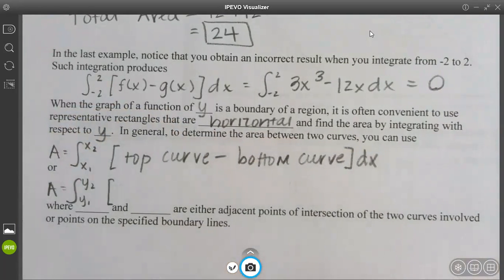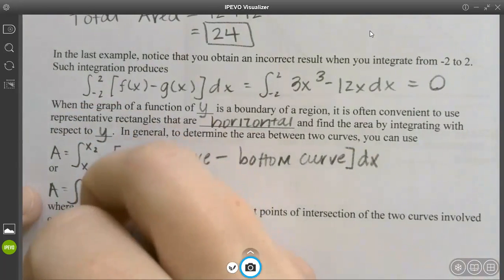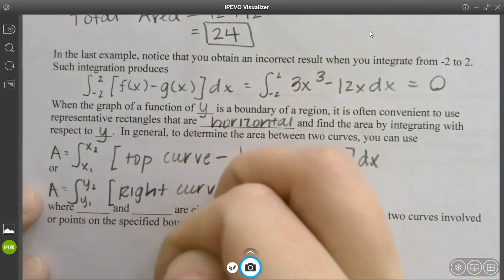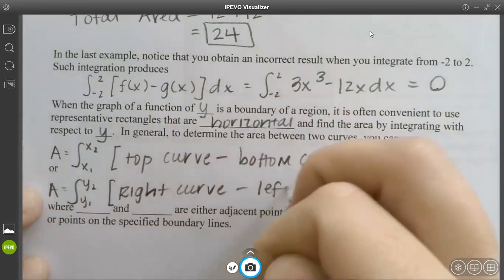So if we're going y, instead of doing top to bottom, we would do what? Horizontal would go left to right, right? So which one's your bigger one? The right. Right curve minus left curve.